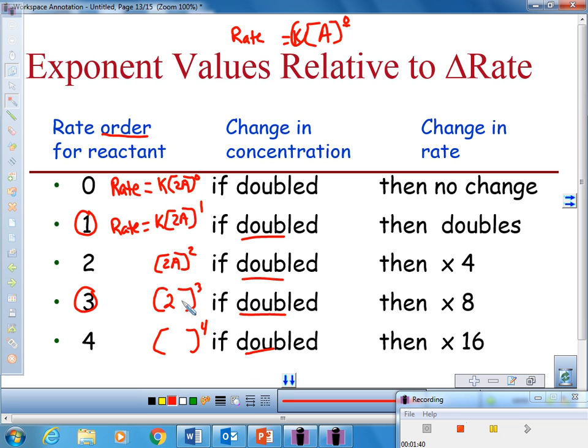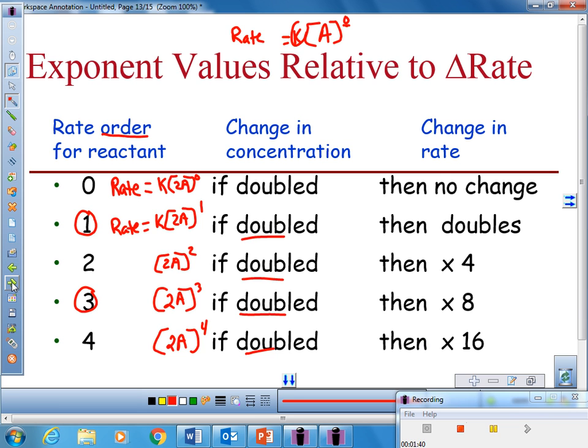So I'm doubling it. I'm just putting A for amount. So what's going to happen? Well, 2 to the third is 2 times 2 times 2, so it's going to be 8 times faster than it was. So it was going 20, it's now going 160. And if it's to the fourth order, it would actually be 16 times faster.